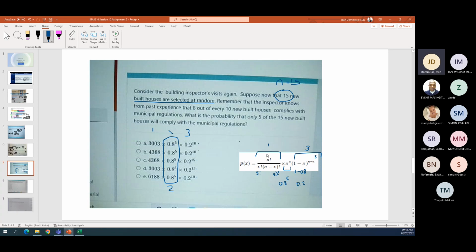Then 15 minus 5 is 10, so that is not the option. That is not an option.